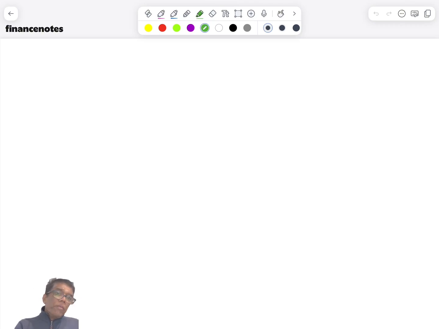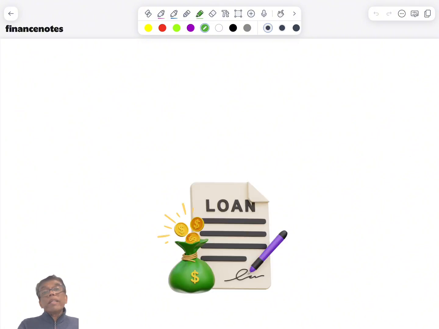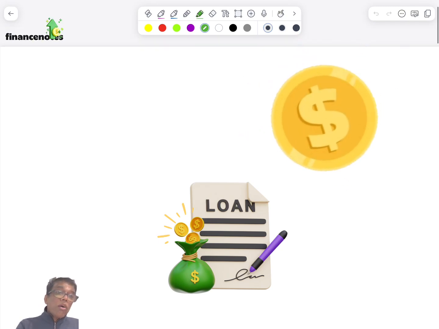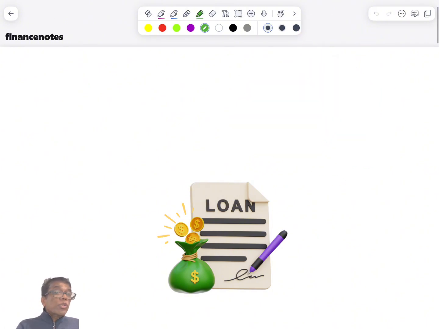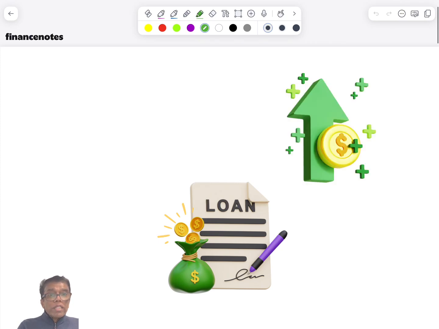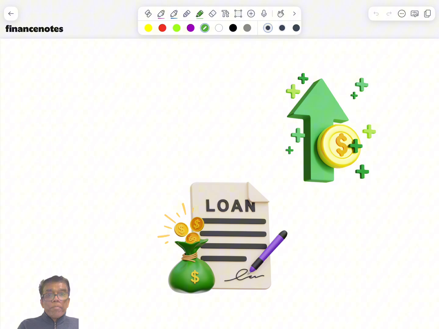Before we jump into the calculator, let's quickly understand what a loan repayment actually is. When you borrow money from a bank, say for a car or a house, the bank charges you interest on top of what you borrowed. You then pay back the loan in regular installments, which we call repayments.